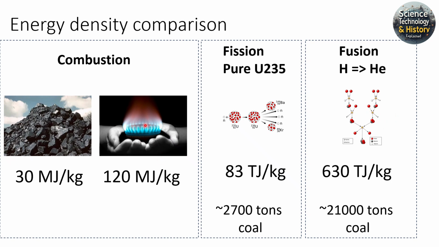If we only used the chemical energy of hydrogen to power the sun, the hydrogen would have been depleted after 10,000 years. So it's 10 billion years or 10,000 years. This is the order of magnitude that fusion energy is compared to chemical combustion energy.